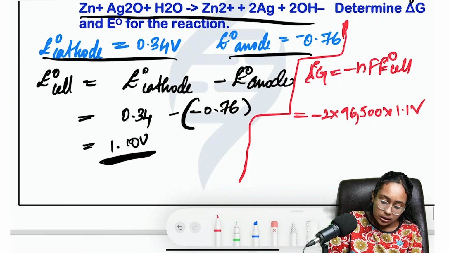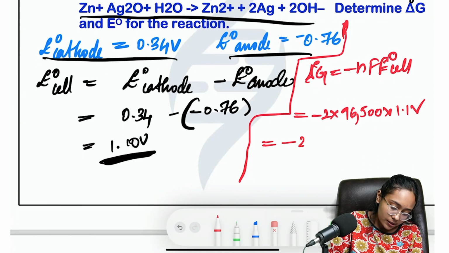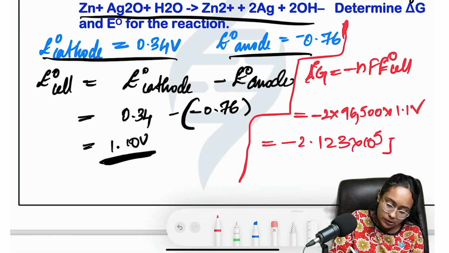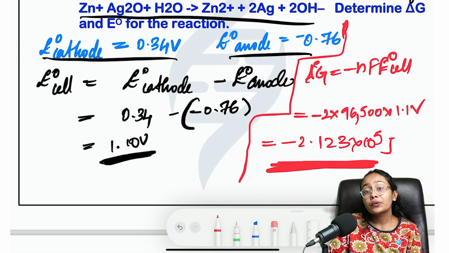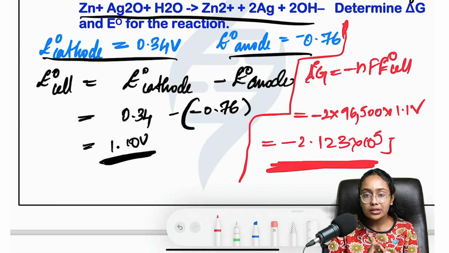So the final answer is minus 2.123 into 10 raised to 5 joules. Joules, because we are asked to find out the Gibbs free energy. The unit of energy is joules.